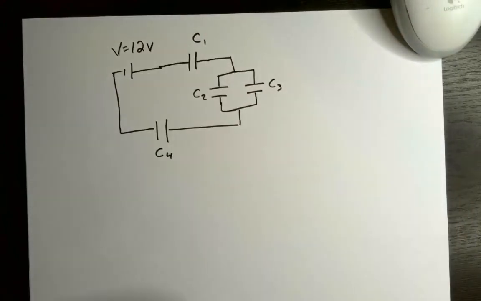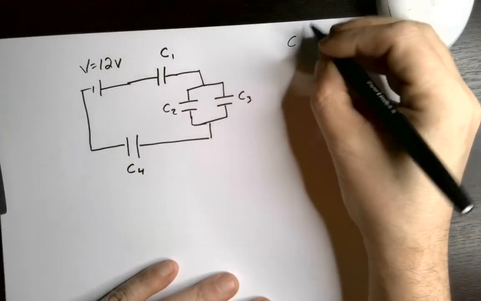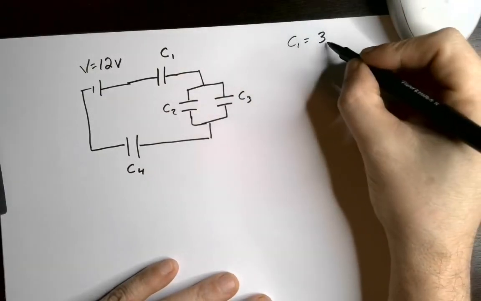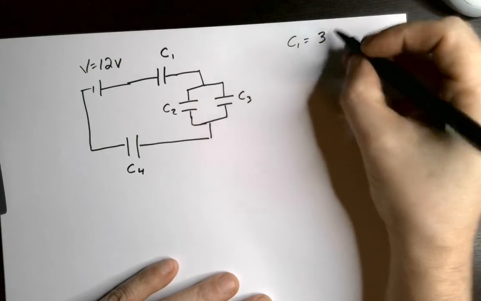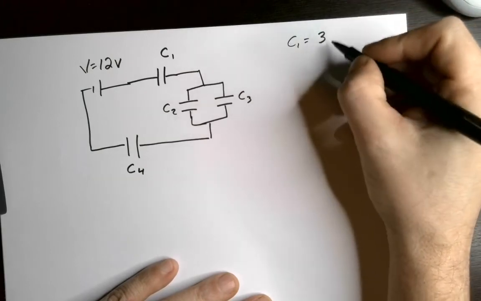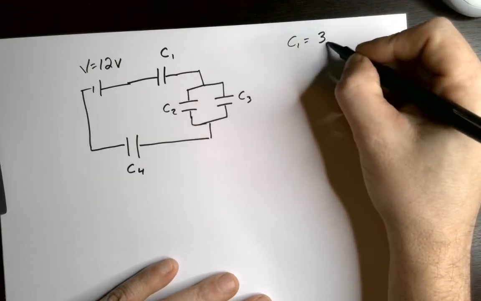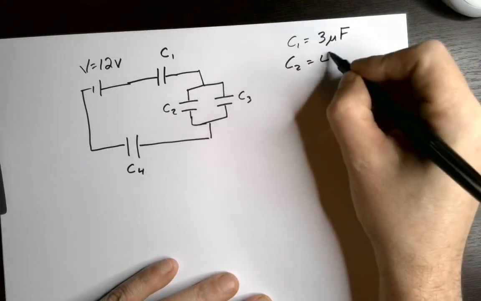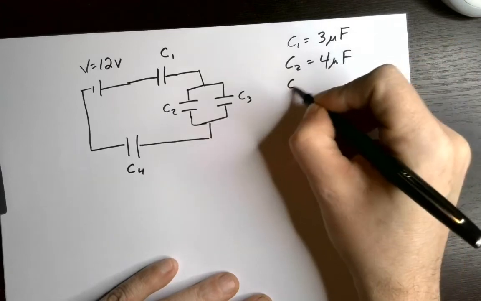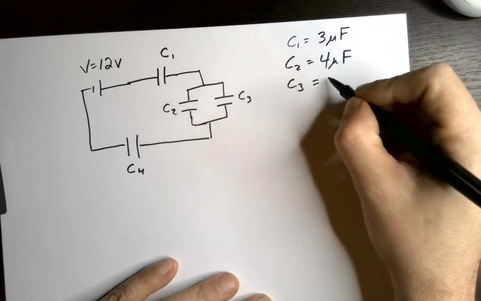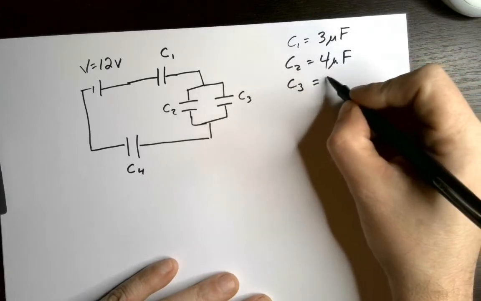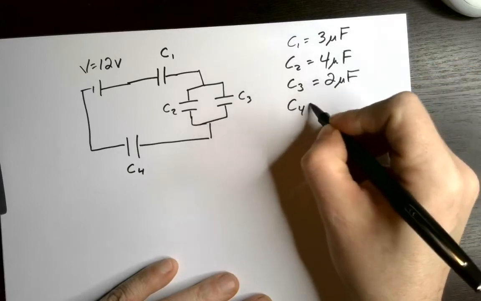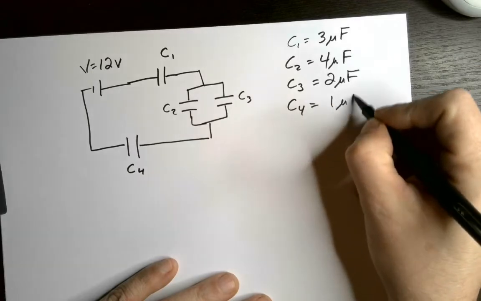And let's give these some values. Let's say C1 is equal to 3, I don't know, let's choose some small number of farads. Let's just say microfarads. And C2 is equal to 4 microfarads. And C3 is equal to 2 microfarads. And C4 is equal to 1 microfarad.